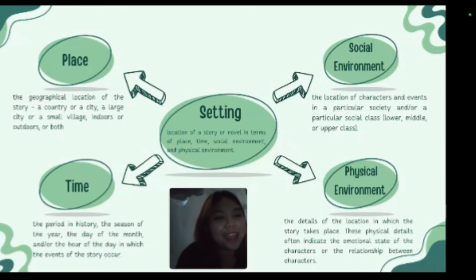The physical details indicate the emotional state of the characters. Of course, it's not just the place, but also the characters that we are talking about in the setting.